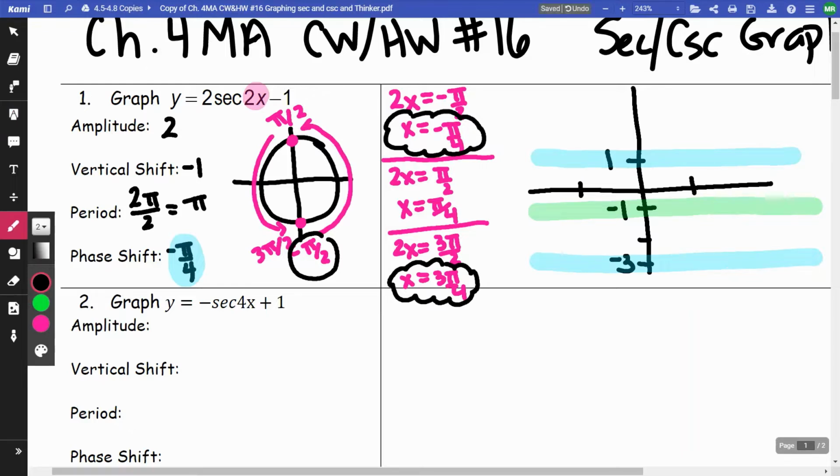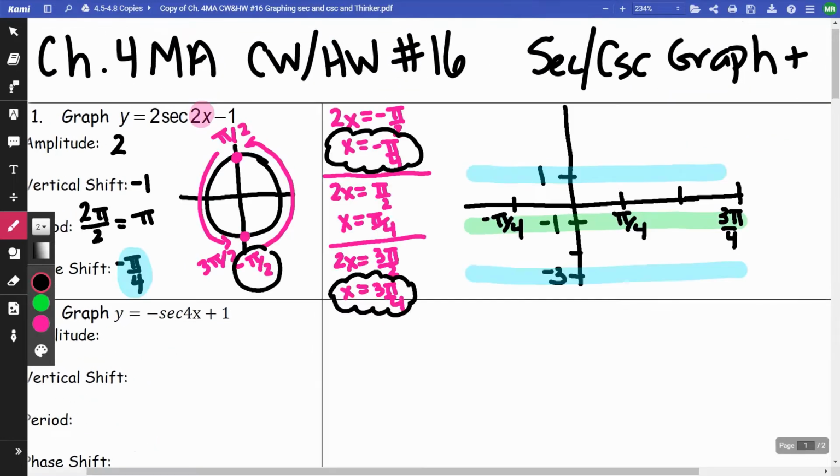And halfway in between is my y-axis. So that's 1, 2, 3, 4, 5. So this again is negative pi fourths. This is positive pi fourths. This is 3 pi fourths. That's where my asymptotes are. I am going to draw them in.